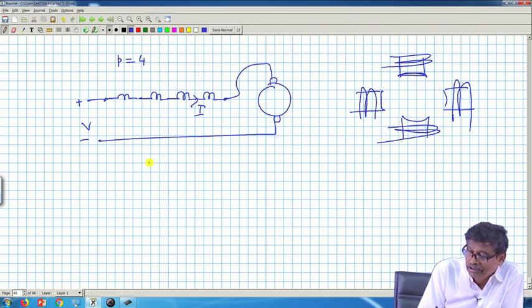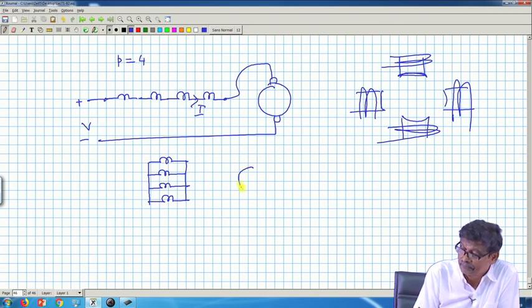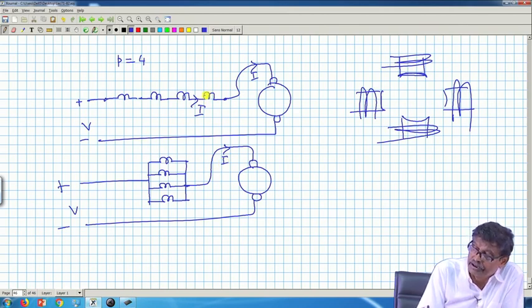You could connect all the coils in parallel. And if the machine is loaded to carry its rated armature current, in the series case the current flowing through each coil is I itself, but here, if they are identical coils, it will be I by 4, the current will be divided.